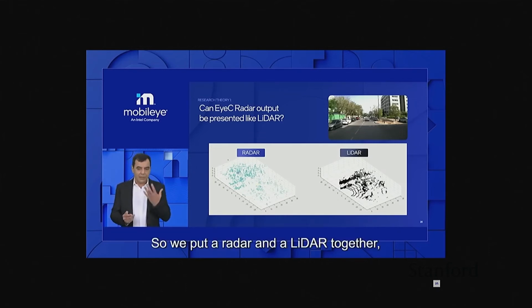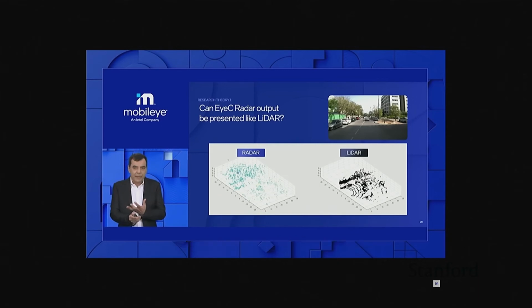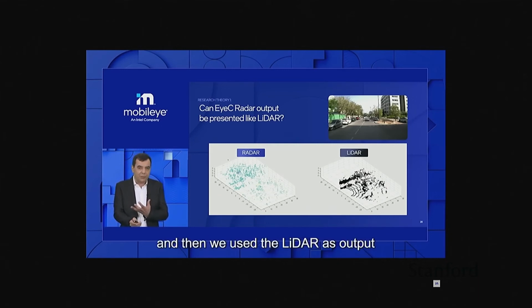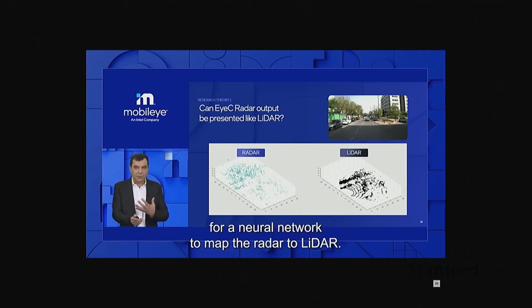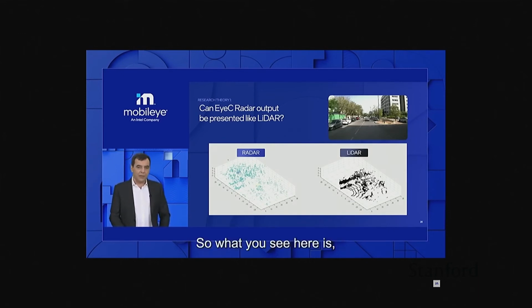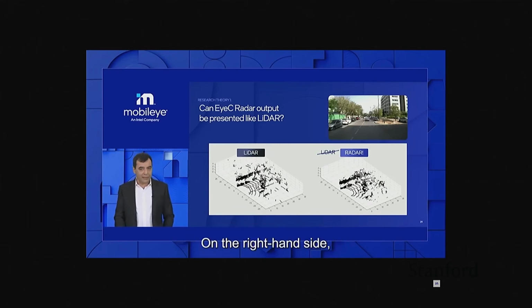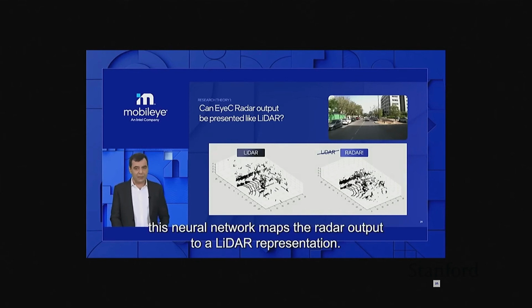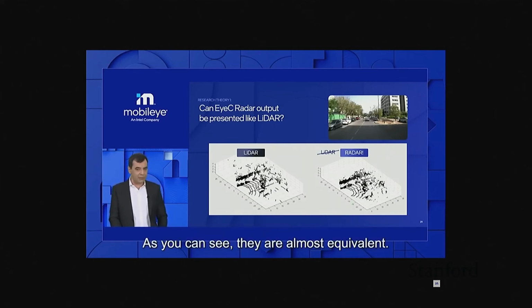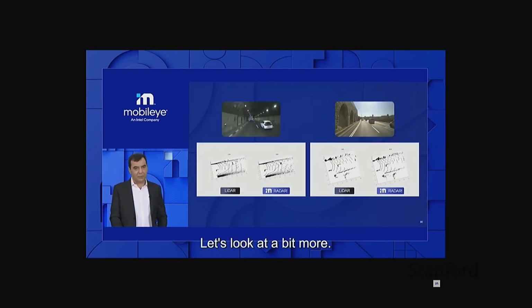So we put a radar and a LiDAR together, and then we used the LiDAR as output for a neural network to map the radar to LiDAR. So what you see here is, on the left-hand side, the scene from a true LiDAR. On the right-hand side, the mapping from our radar. This neural network maps the radar output to a LiDAR representation. And as you can see that they're almost equivalent. Let's look a bit more.